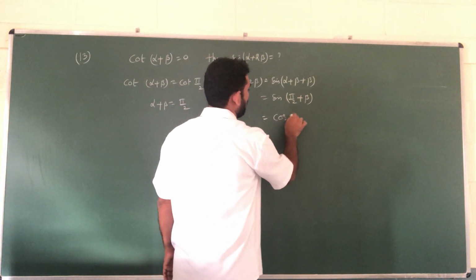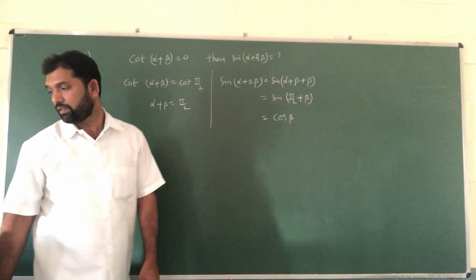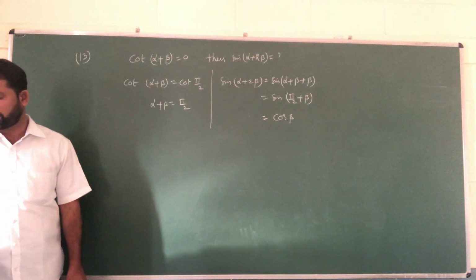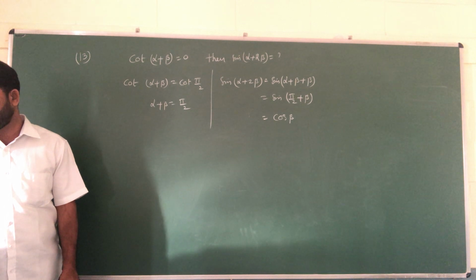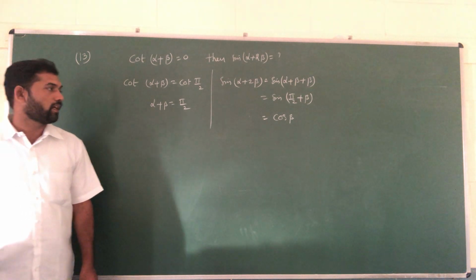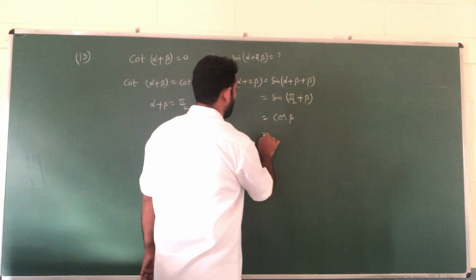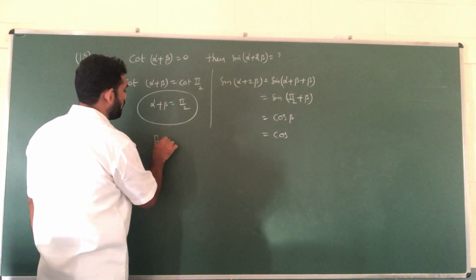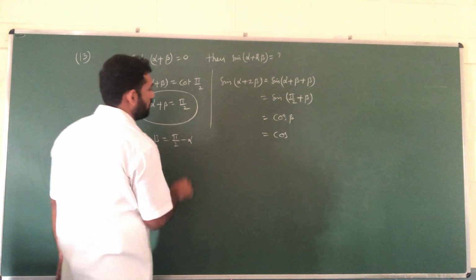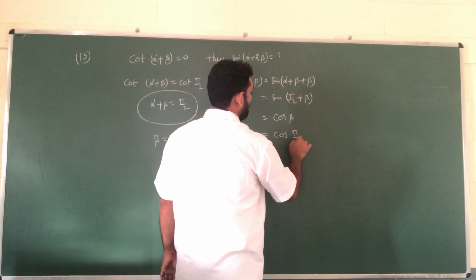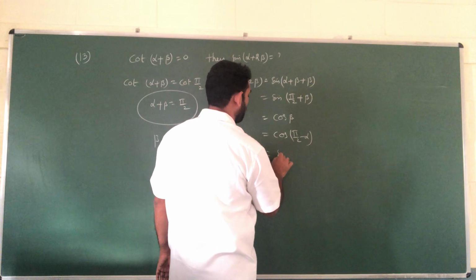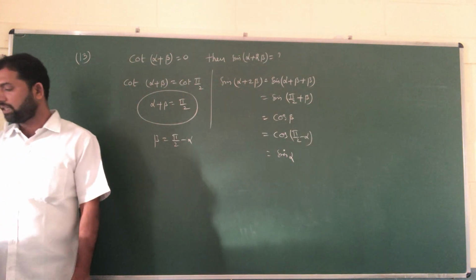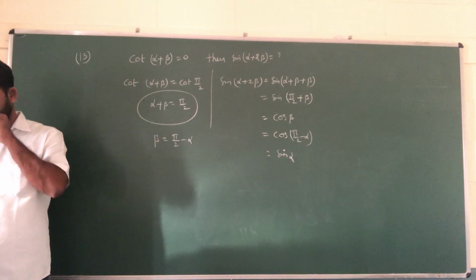Cos beta is your solution. Now cos of beta can be written as cos of pi by 2 minus alpha, which is sin alpha. So sin alpha is your answer.